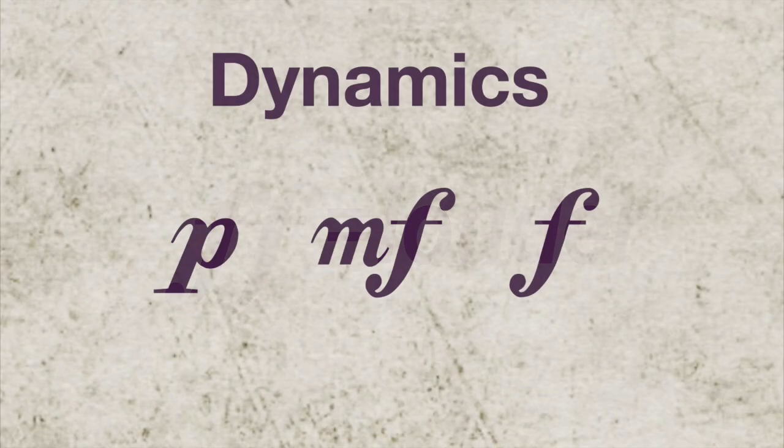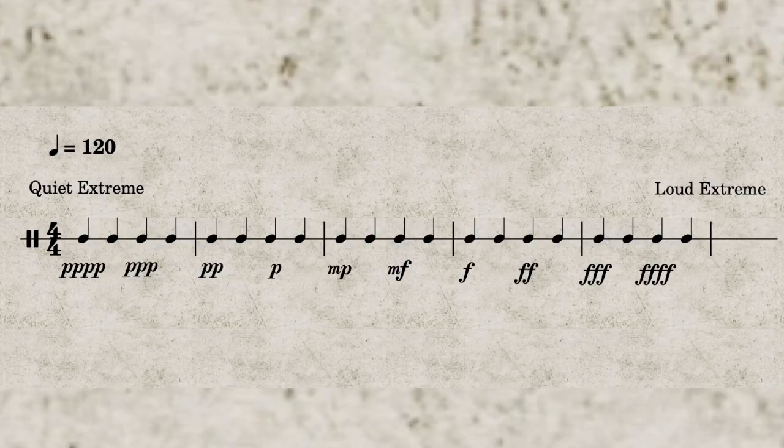These symbols are called dynamics, and they can be organized in a gradual sequence of steps going from extreme quiet to extreme loud to illustrate the volume options available in the notation system. Let's listen to it.